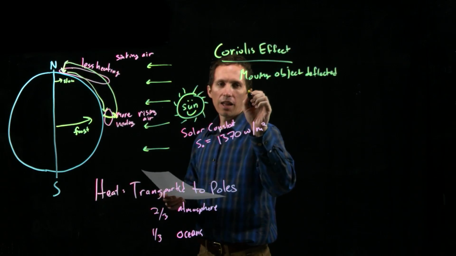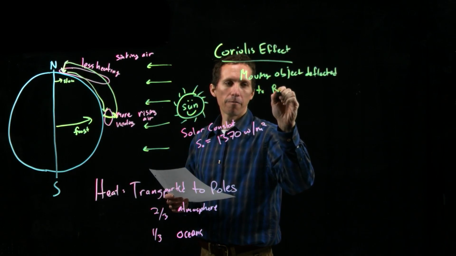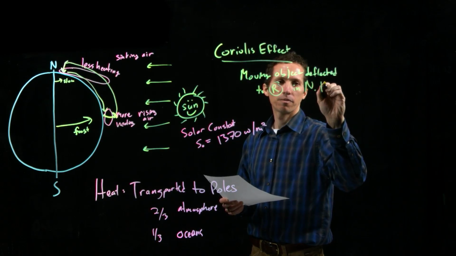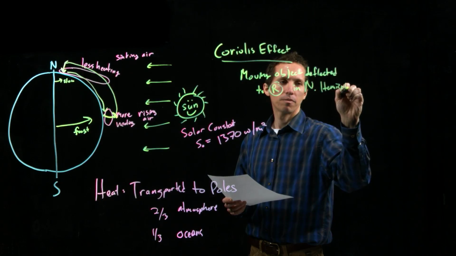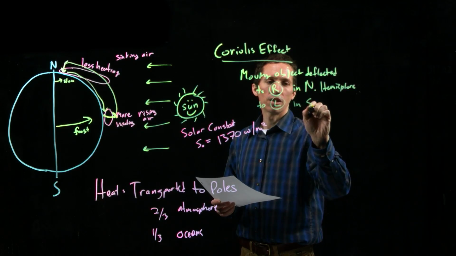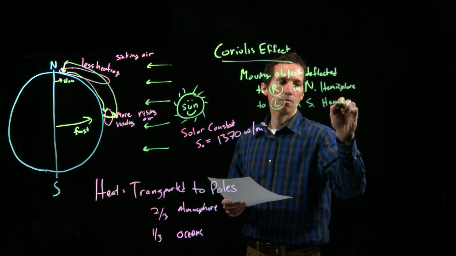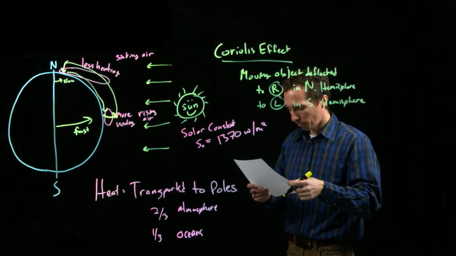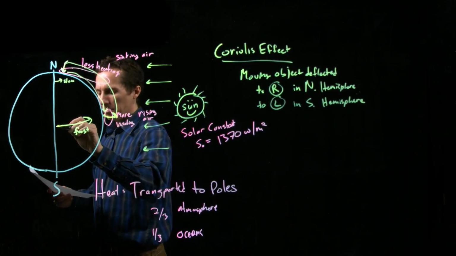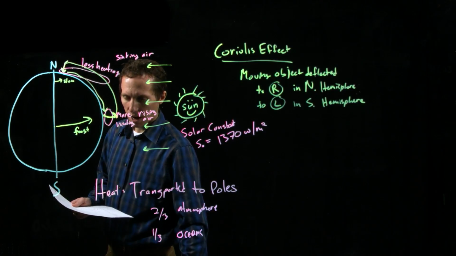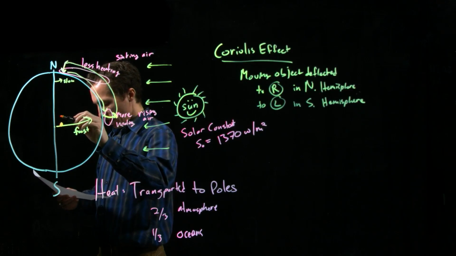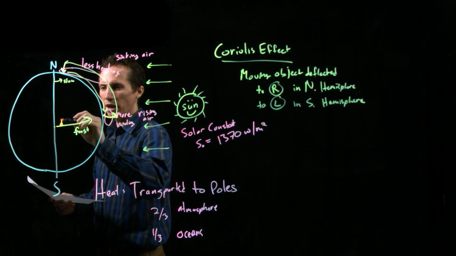And so they're deflected to the right in the northern hemisphere, and to the left in the southern hemisphere. And so that's because as a moving object maybe starts out here at the equator, and let's suppose it's moving in this direction.